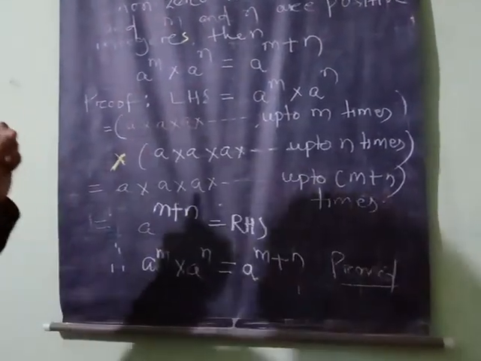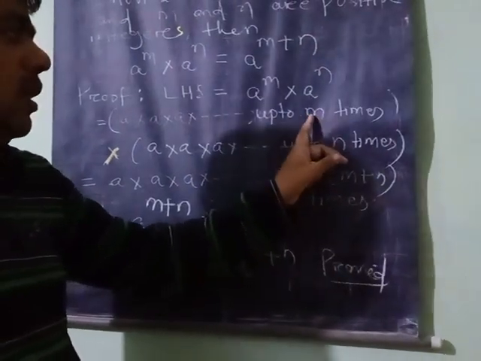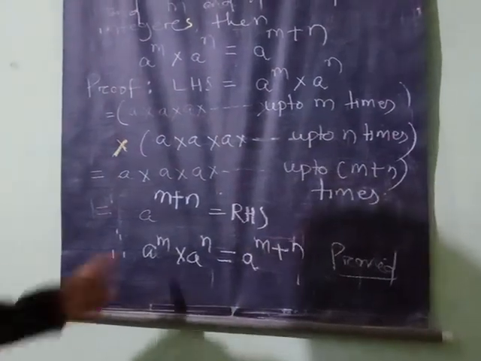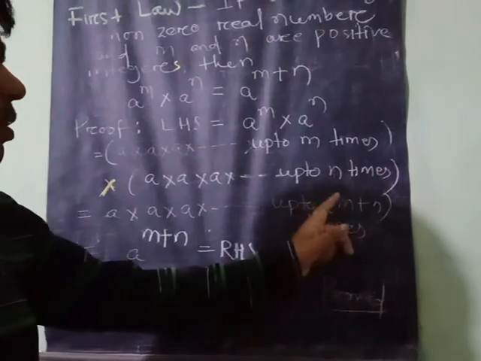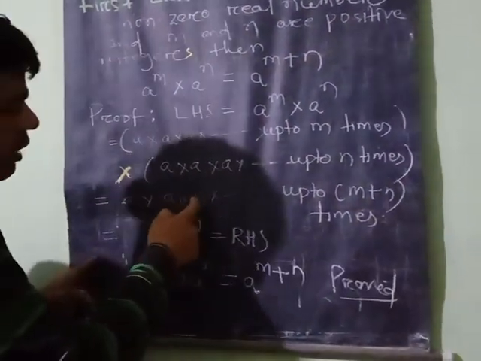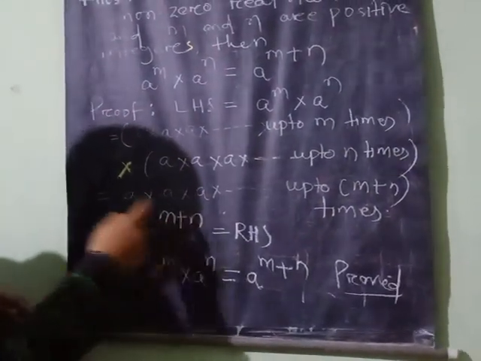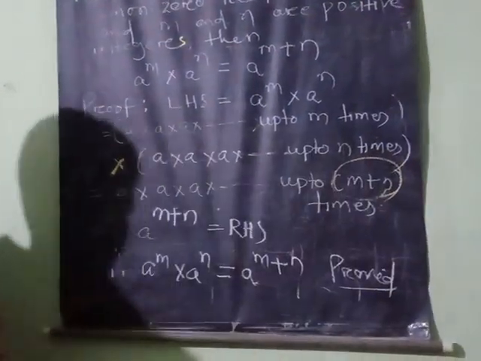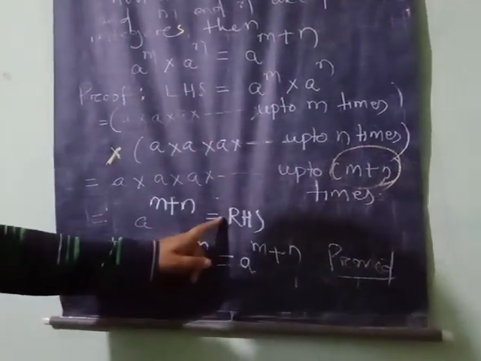So a into a up to m plus n factors. What does it mean? It means a to the power m plus n, because this m plus n will be the exponent, the index of the power. So a to the power m plus n, we got the RHS.